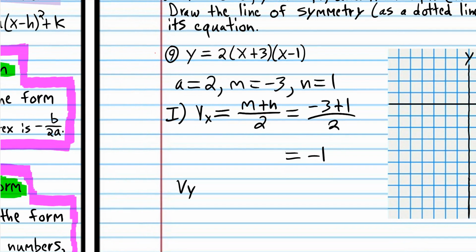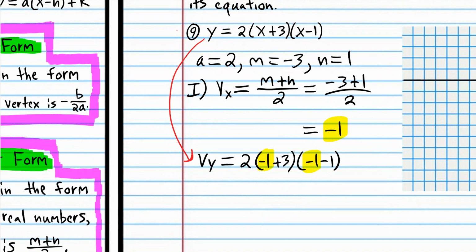All right, now we're going to find the y value of the vertex, and to do that we plug in the x value, which we just found, to the original equation. So -1 plus 3 times -1 minus 1. And just to be clear, that -1 came from there.